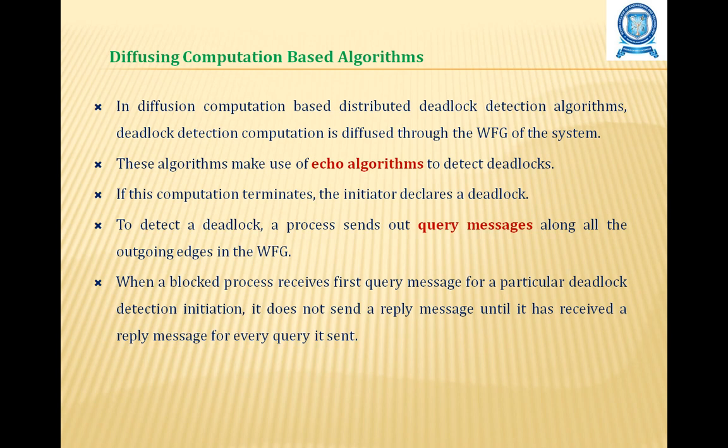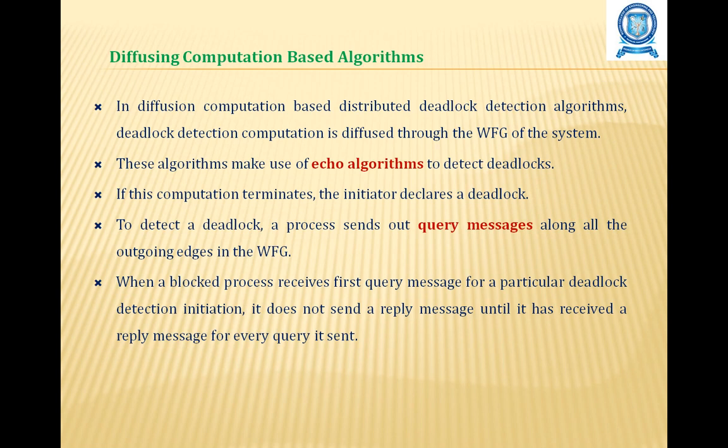So, to detect the deadlock, a process sends out query messages along all the outgoing edges in the wait for graph. These queries are successively propagated through the edges of the wait for graph. Queries are discarded by the running process and are echoed back by blocked processes in the following way.